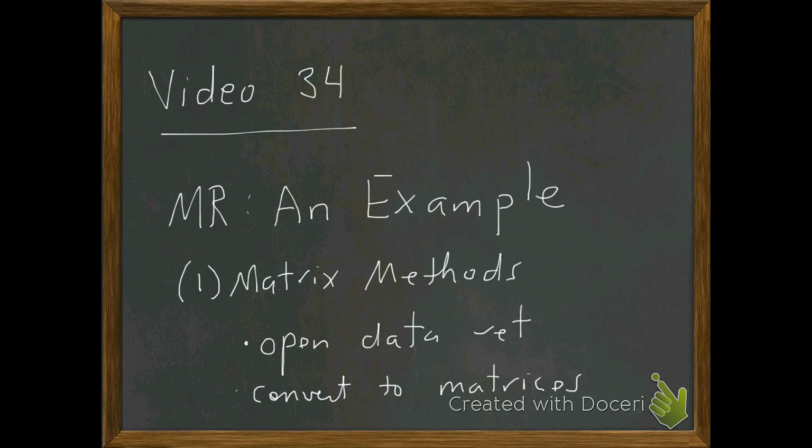We're going to calculate the coefficient estimates. We're going to calculate their standard errors. We're going to look at the fitted matrix. We're going to look at residuals. We're going to look at the hat matrix. We're going to look at the identity matrix. We're just going to look at all sorts of cool stuff.